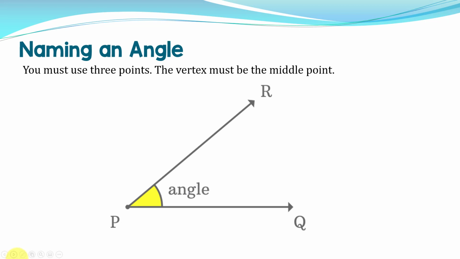The way we name an angle, you have to use 3 points, and the vertex must be the middle point. So we would call this angle RPQ, or we could call it angle QPR. But what's important is that the vertex is being named as the center letter in either case.